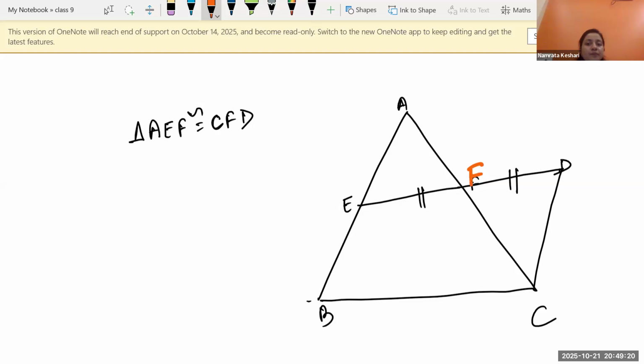Here you will be able to say that angle A over here is equal to angle C over there. And also the length AE over here is equal to the length, wait, let me check. Have I written the name correctly?